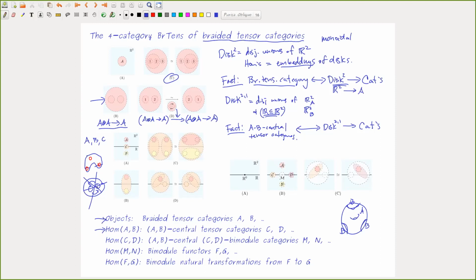So a priori C sounds so far like it's just monoidal. But then what this diagram here is telling us is that we have a functor from A tensor B, remember, those are our braided tensor categories, to C. And if you think about this diagram here, it's telling us that this is a tensor functor.